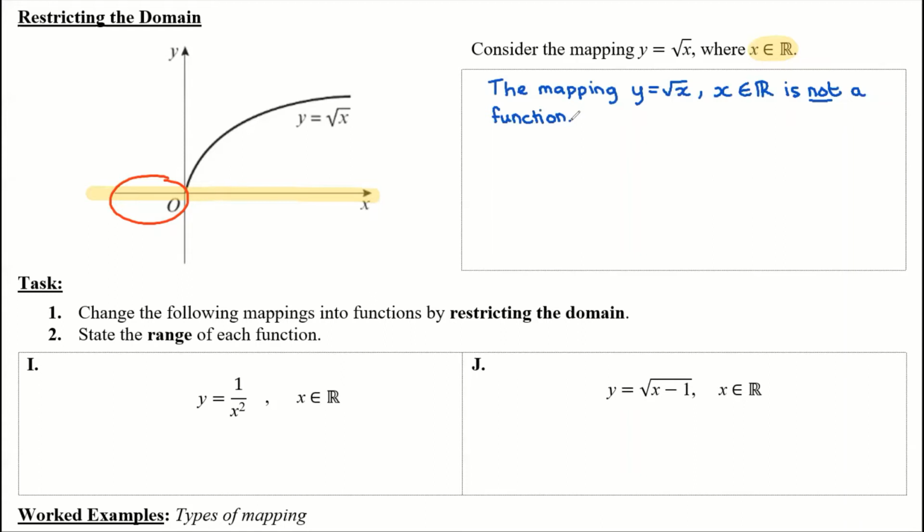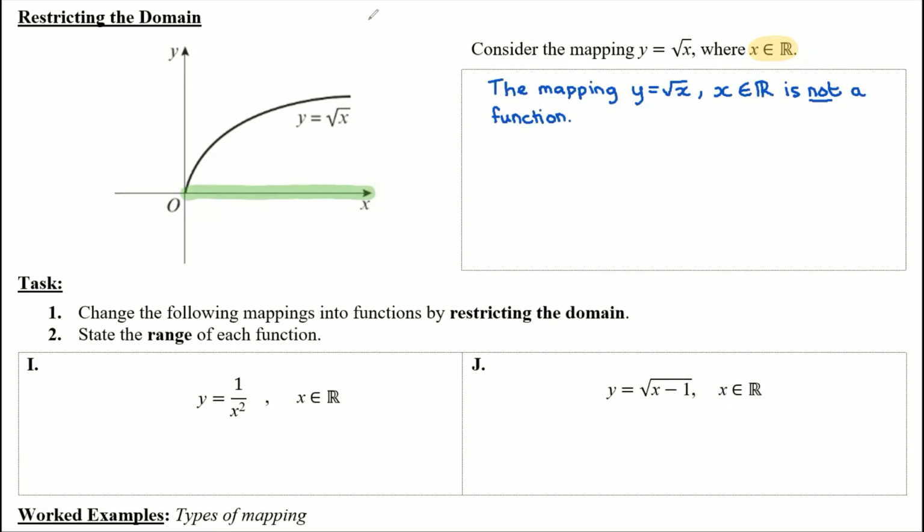But can we make this into a function? Well, we can. We can make this into a function if we restrict the domain. So if we restrict the domain simply to the positive real numbers and 0, then we don't have a problem.